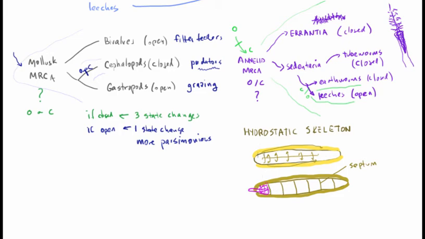On the top worm, if we were to contract the muscles in the front portion of the worm, that would have the effect of pushing a lot of the coelomic cavity towards the rear. In other words, we wouldn't really be changing the shape so much here. We wouldn't be able to extend that out as effectively as we do in the segmented worm. And that's kind of an oversimplified picture of why a completely septated coelomic cavity makes for a much better hydrostatic skeleton. But I hope you can get the picture, right?